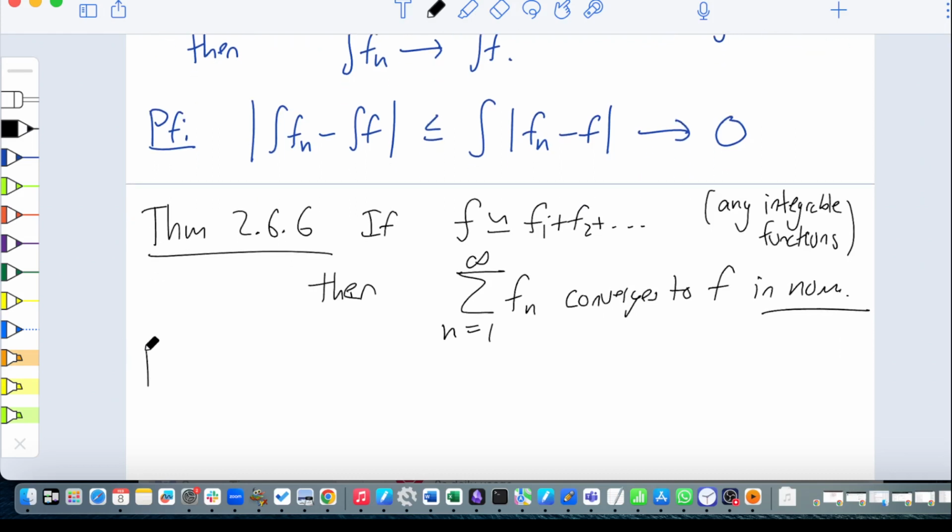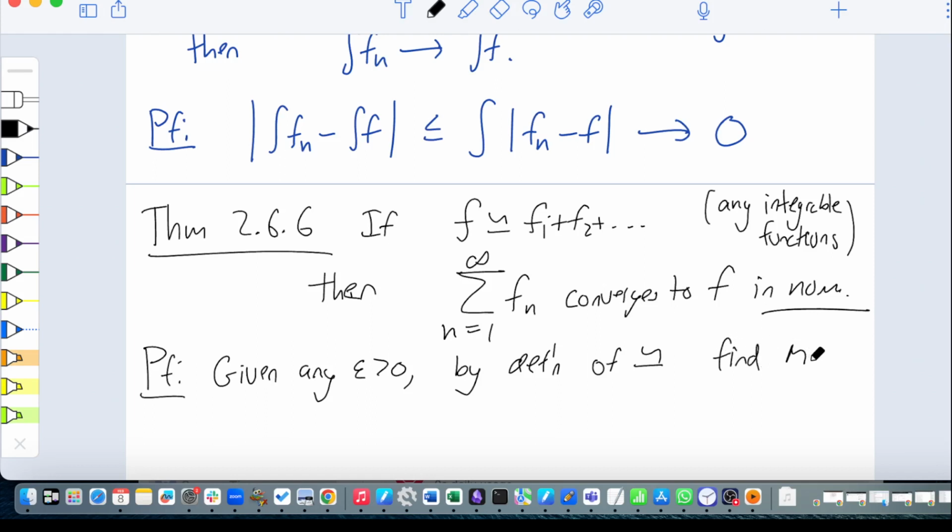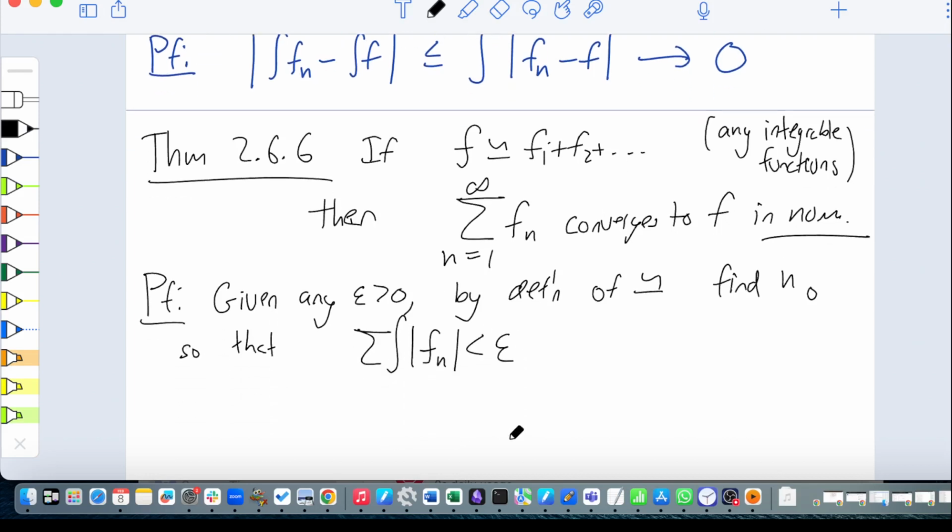And the proof, again, is very simple, because given any epsilon greater than 0, by definition of this funny sim equals, find n naught so that the sum of the integrals of fn are less than epsilon, right? So I think one of the two conditions is that this infinite sum is summable. So make it less than epsilon, and that will be for n bigger than n naught.